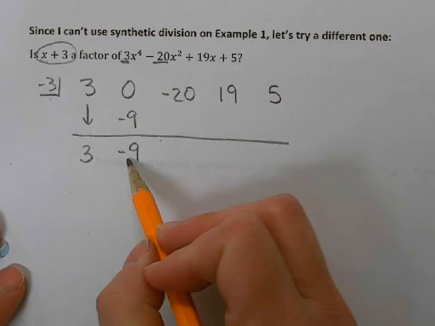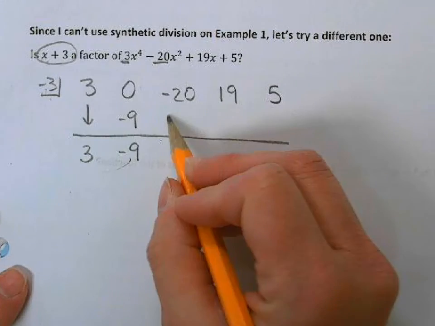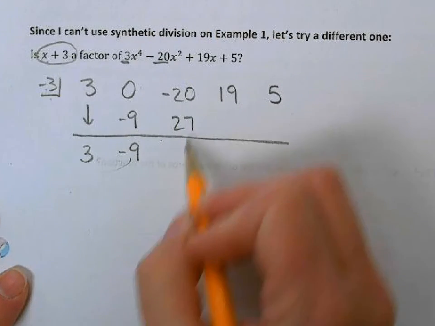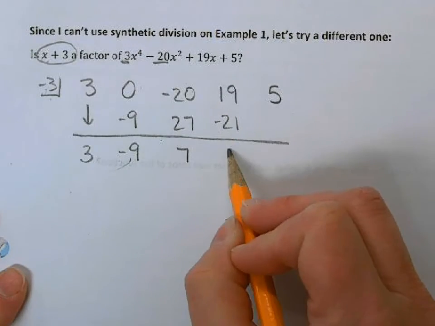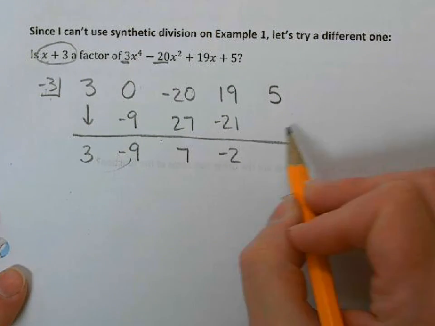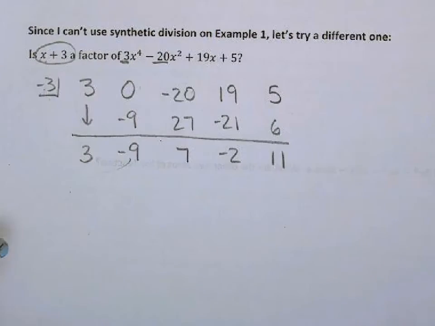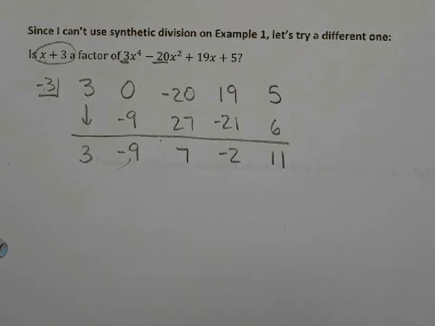Okay, then I multiply negative 3 times negative 9, positive 27. Then I add. Then I multiply. Then I add. Then I multiply. And then I add. Okay, just for practice, I know this isn't the answer, but practice putting your variables back in there. What would the answer be if you were just dividing?